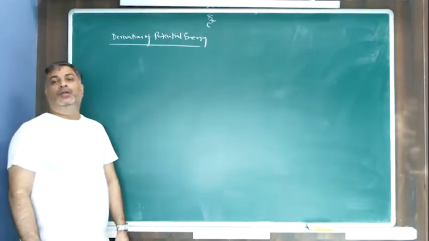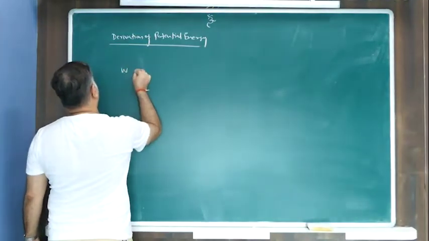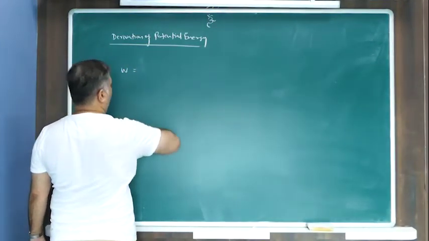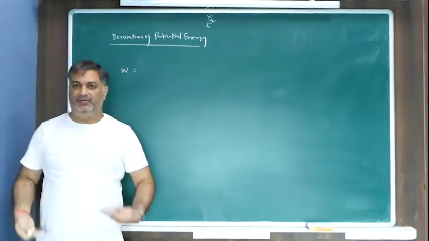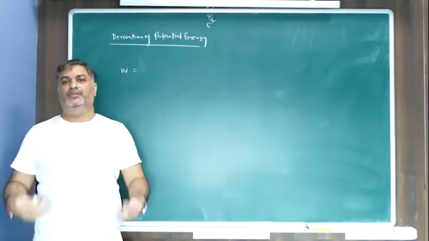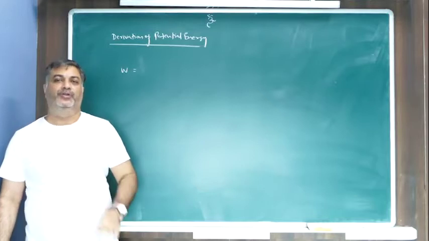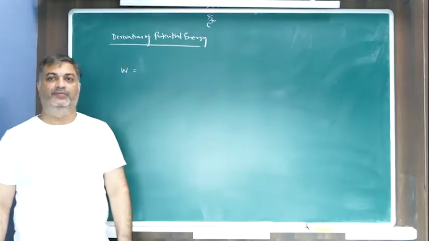Now, we all know that the work done by any body, let's say at rest, what is the energy that I possess? It's going to be force into displacement. Fine.